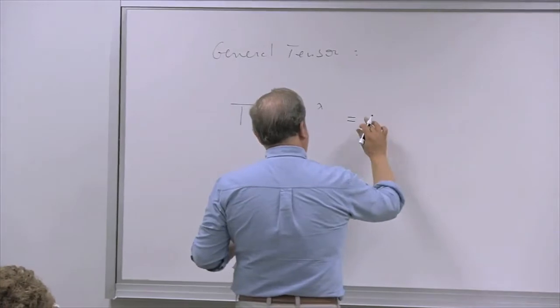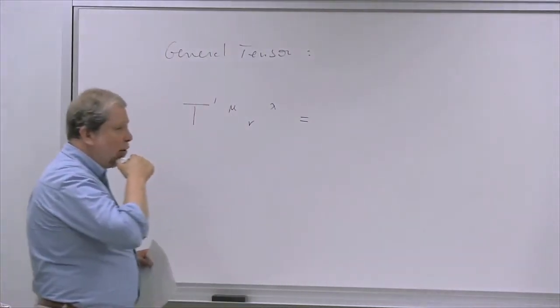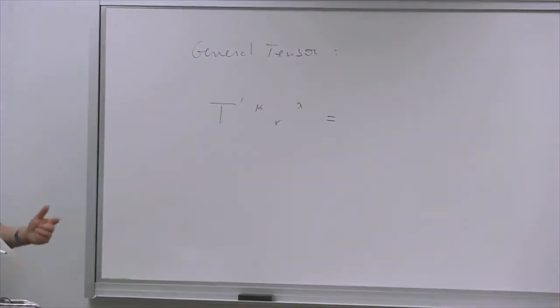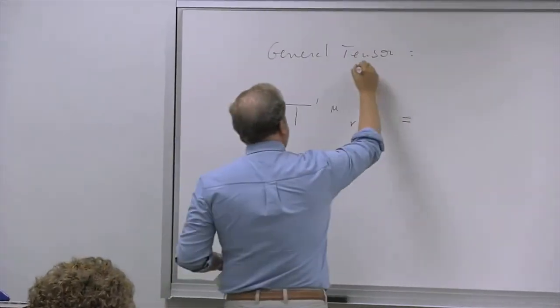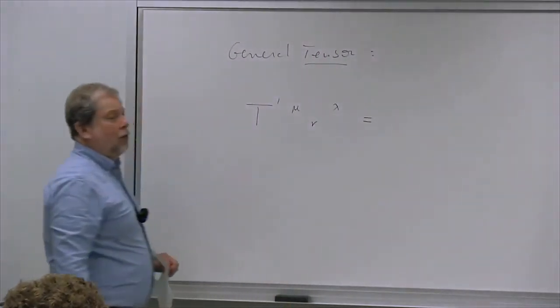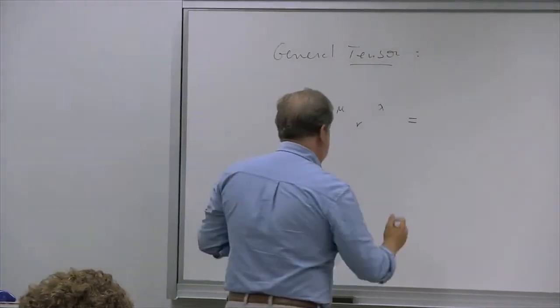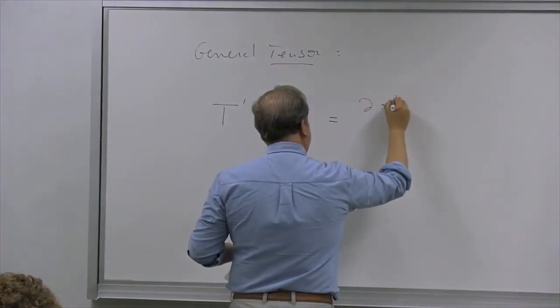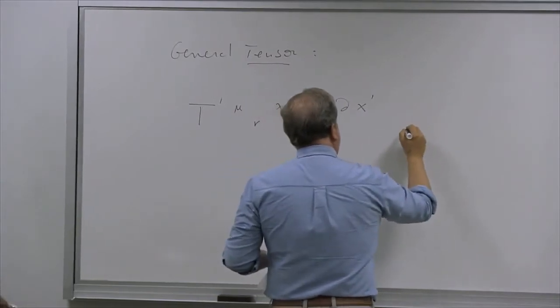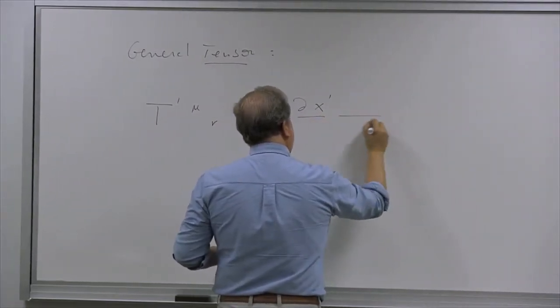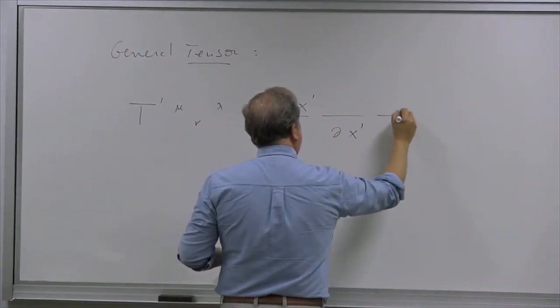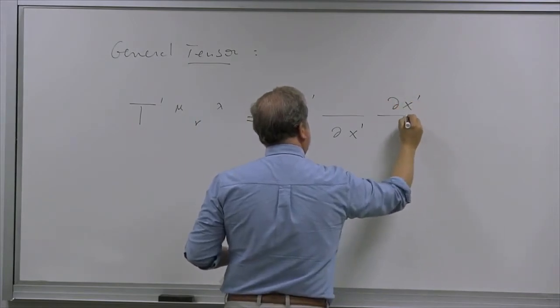And so how will this transform? Well, the definition of a tensor, right? Definition of a tensor is that it transforms in a simple way, just like the vectors did, right? So this will be equal to dx prime and dx prime and dx prime, right?